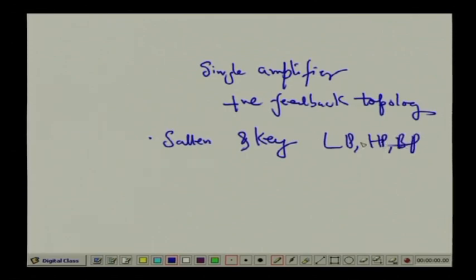In all the cases you will find that Qp, or the pole selectivity, is given by some x1 by x2. Now, what is this x1 x2? Actually you will find it is a ratio of some capacitances or resistances, is not it.